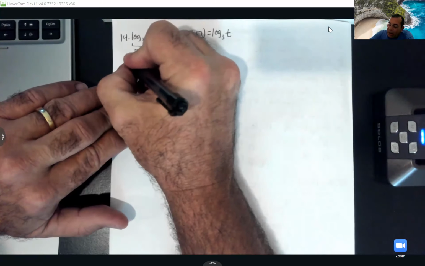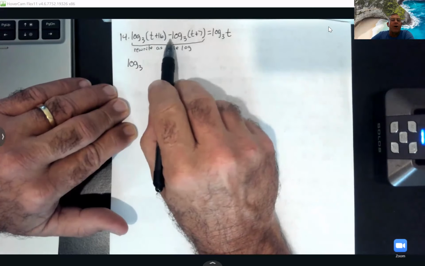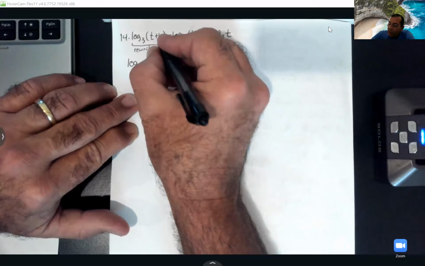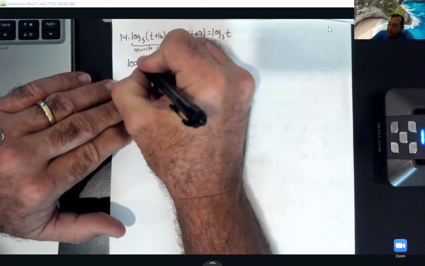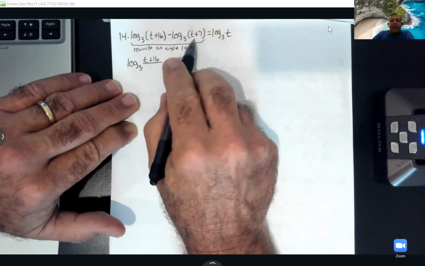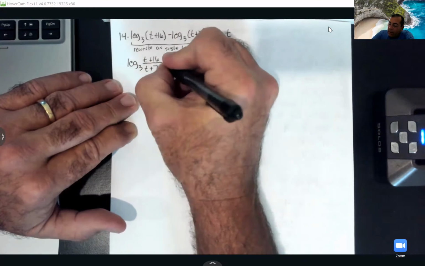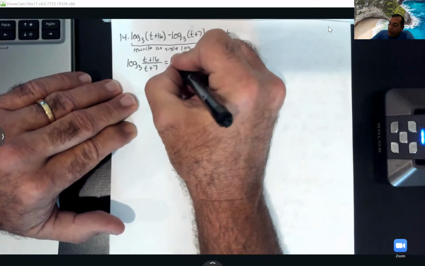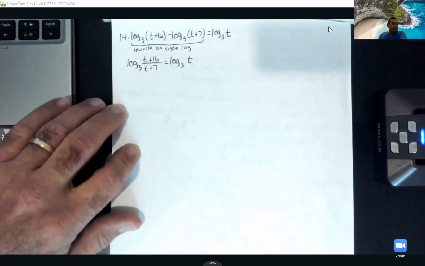So we bring out our log base 3, because remember, all the stuff that was always subtracted went to the bottom of those fractions. So we'll have our t plus 16 on top. Then the t plus 7 goes to the bottom. And that's going to equal the right side, which is a log base 3 of t.